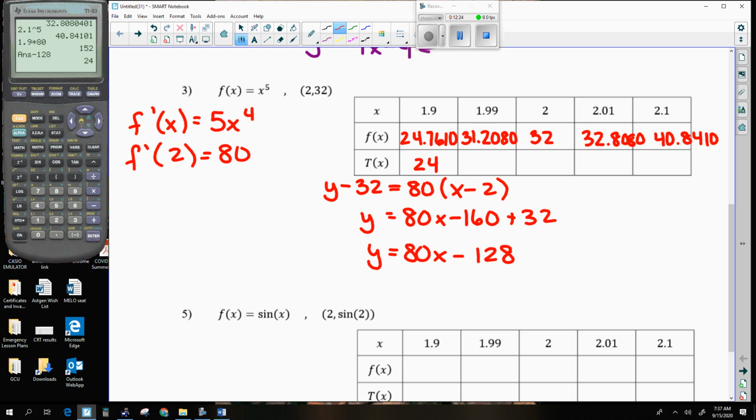Pretty close. It's a pretty close approximation. Again, really close. Should be spot on.